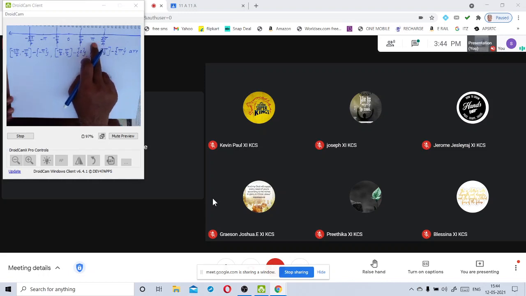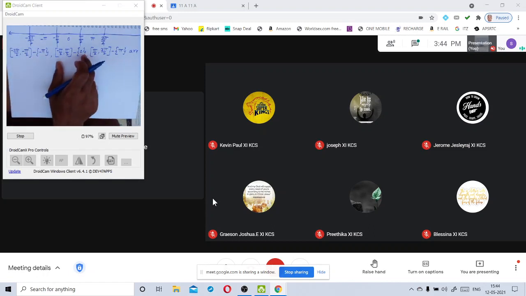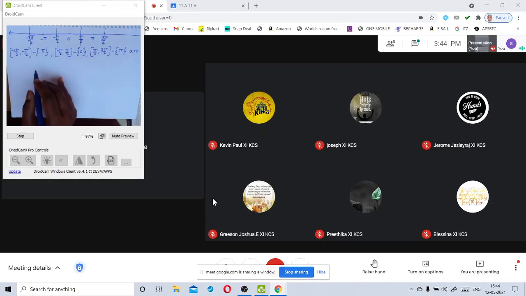If you take x value equal to pi, cosecant x value is not defined. 1 by 0, we get 1 by 0, it is not a real number. That is why we are excluding this pi from this interval. If you take this interval as domain, or this interval as domain, or this interval as domain, in all these cases, cosecant x is bijective.